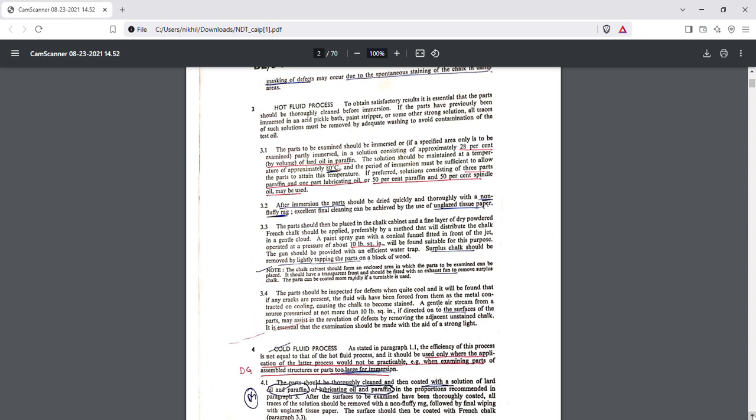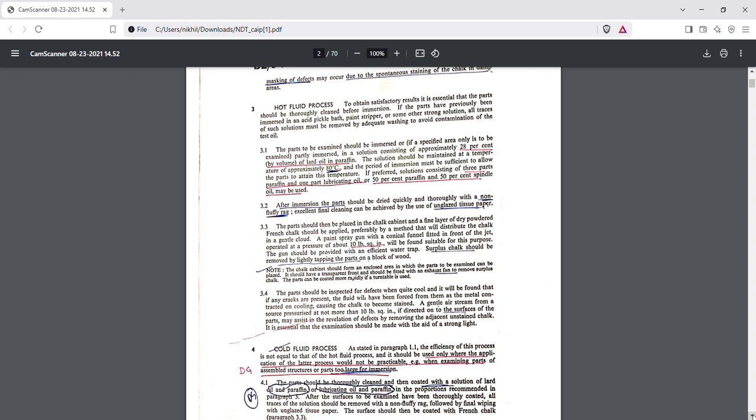3.1, the parts to be examined should be immersed, or if a specified area only is to be examined, partly immersed in a solution consisting of approximately 28% by volume of lard oil in paraffin. The solution should be maintained at a temperature of approximately 80 degrees Celsius and the period of immersion must be sufficient to allow the parts to attain this temperature.